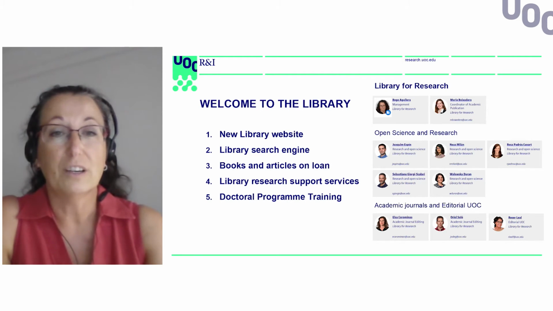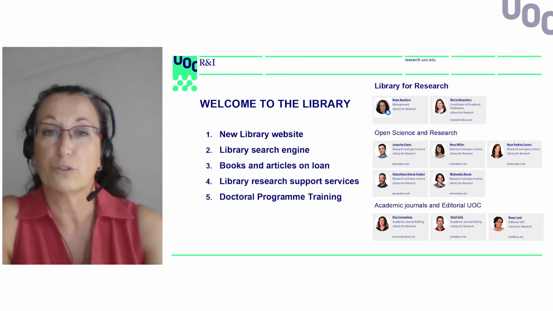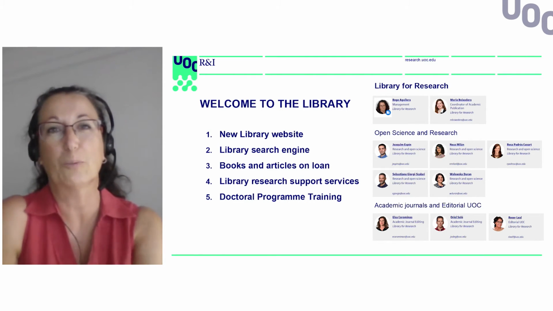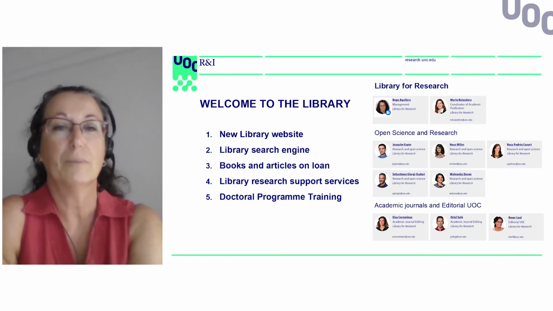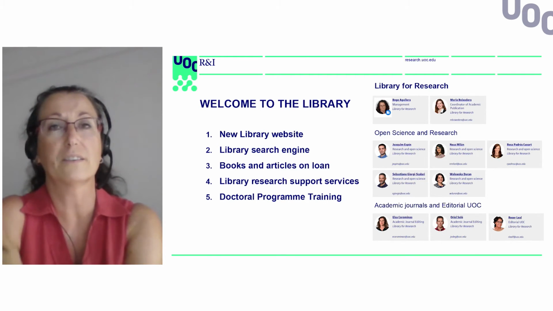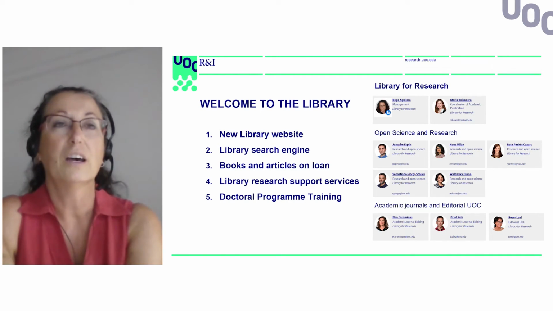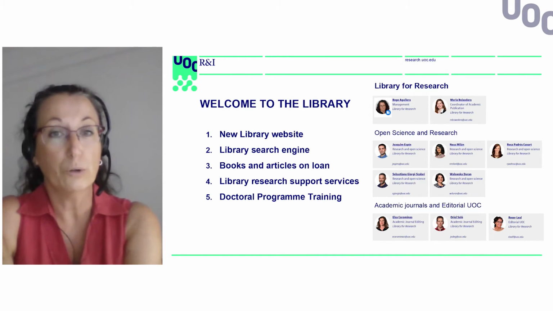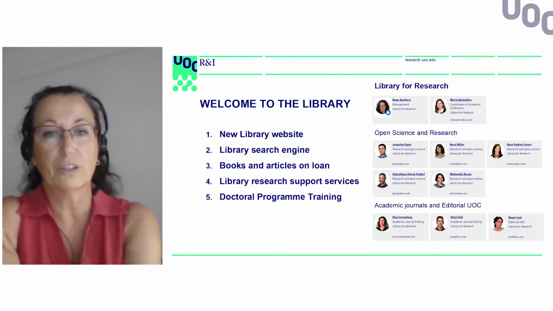In this session, this is the content we are going to explain to you. It will not take long, but we are going to show you where to find us in the new library website. What is the library search engine we use so that you can find services and content.